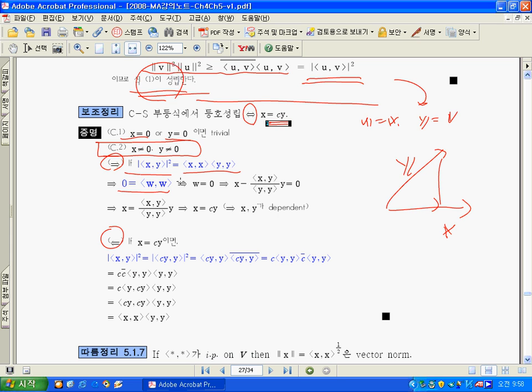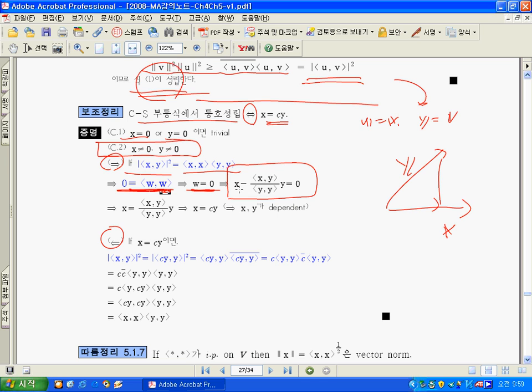Okay, suppose equality holds, that means this. That means this. But because of the property of the norm, W should be 0 by the positivity property of the inner product. What this means is this is 0.